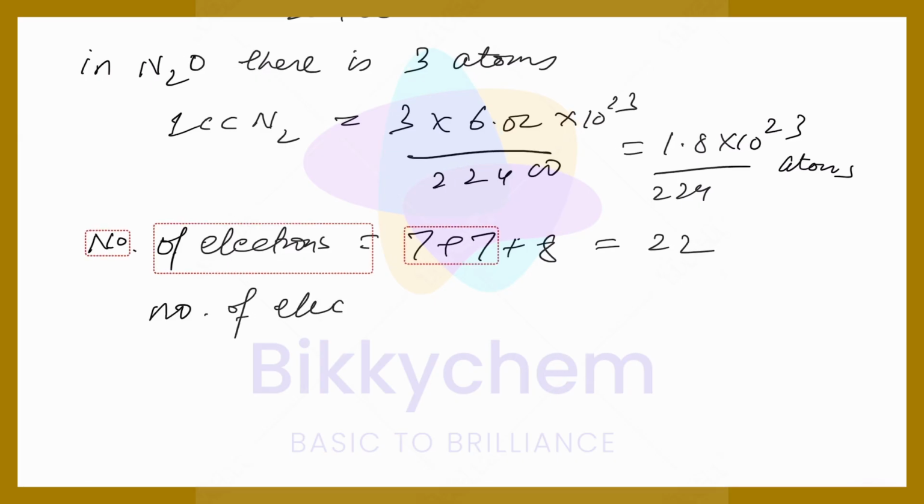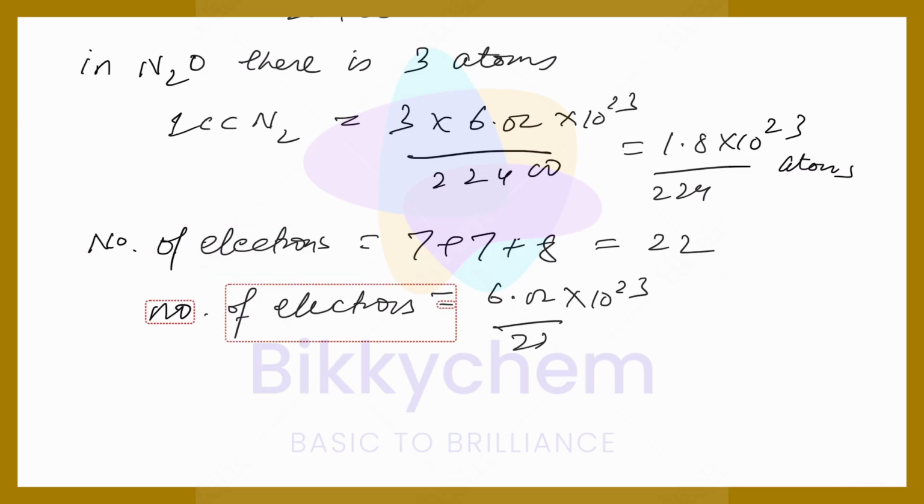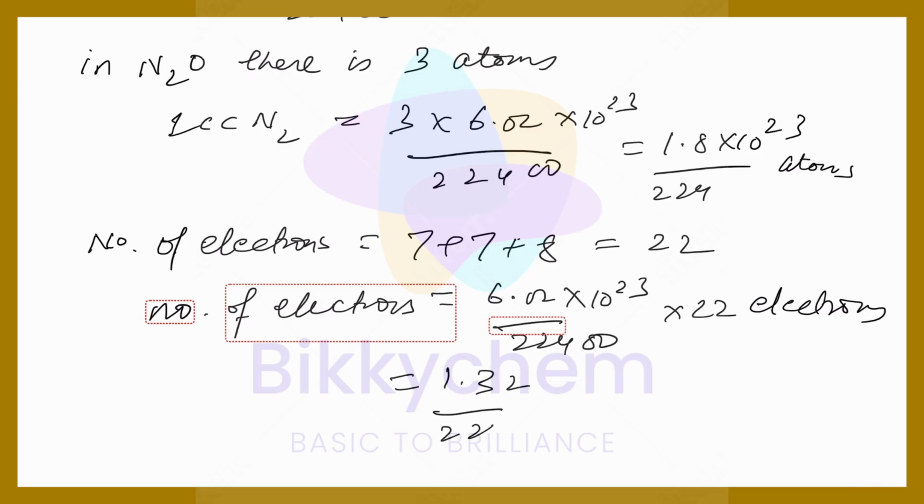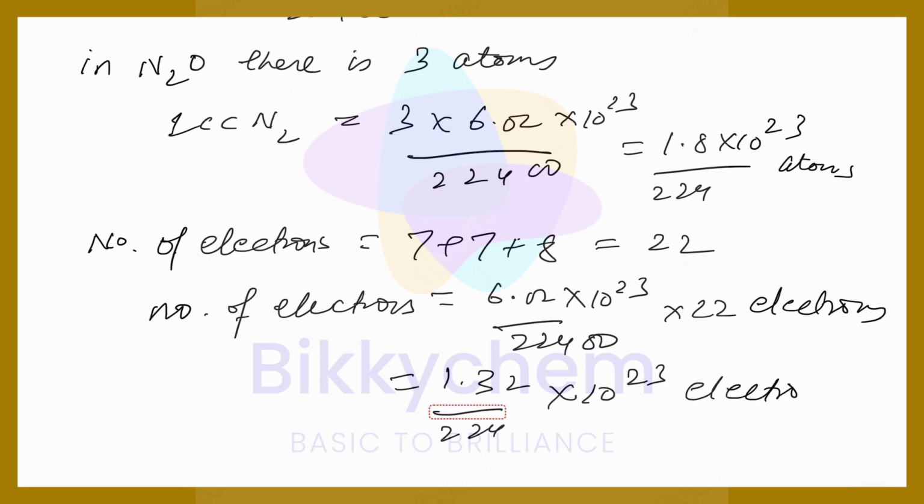Number of electrons is 6.02 into 10 to the power 23 into 22 electrons, which is going to give 1.32 by 224 into 10 to the power 23 electrons. So looking at all of this, all the options are right, so option D.